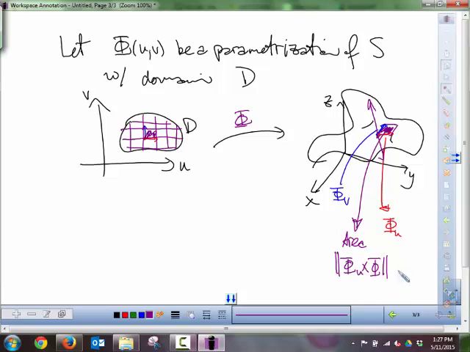And so when that happens, you tack on the dx dy business, which in this case is the delta u delta v. But I'll write it as du dv, but you can switch the order if you need to.